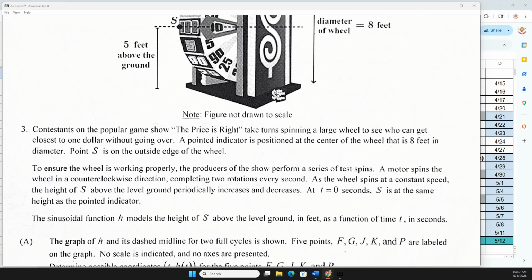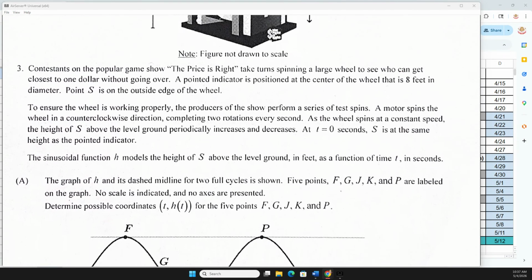All right, to ensure the wheel is working properly, the producers of the show perform a series of test spins. The motor of the wheel spins in a counterclockwise direction, completing 2 rotations every second. As the wheel spins at a constant speed, the height of S above the ground periodically increases and decreases.